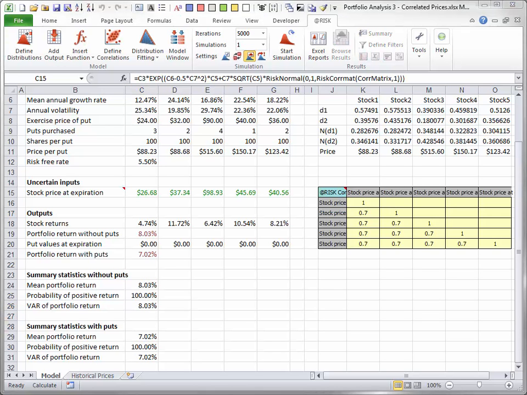Another way to modify this model is to introduce correlations to the stock prices. After all, the stocks tend to react to the same economic forces, so they are likely to be positively correlated. Here's the same model as before, but with correlated prices. I created these with the defined correlations tool using a correlation of 0.7 between all pairs of stocks.